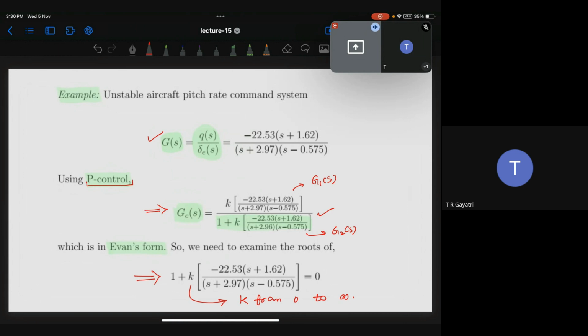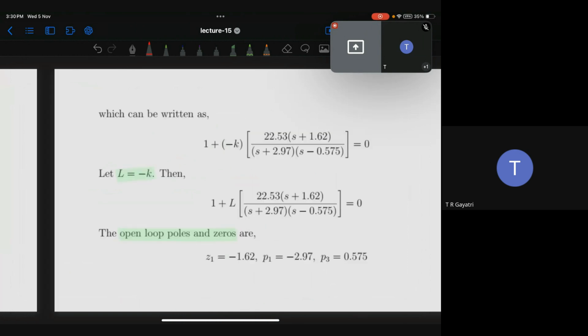Simply, it means that if you vary k from 0 to infinity, you want to see how the poles are moving. Initially they are here. So you can see.